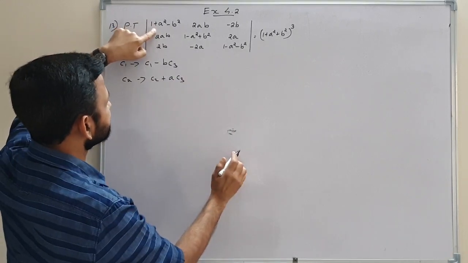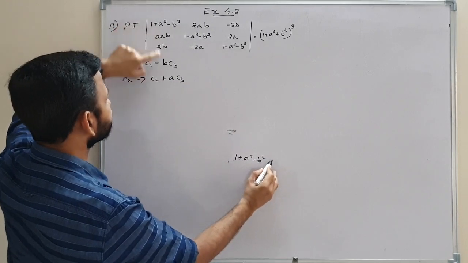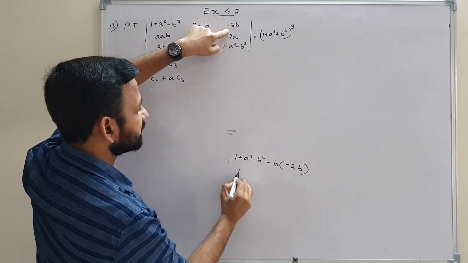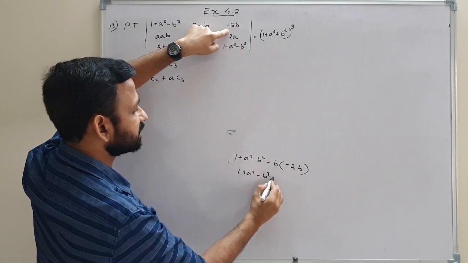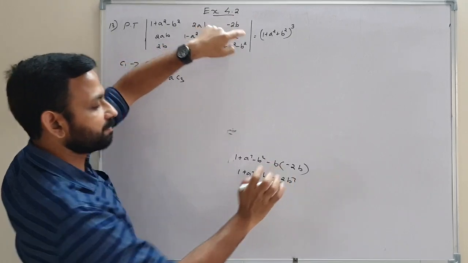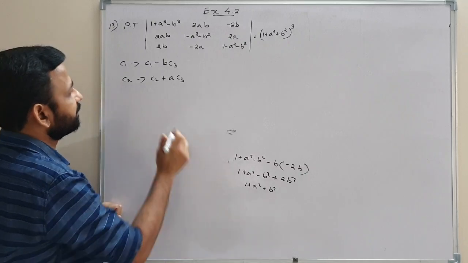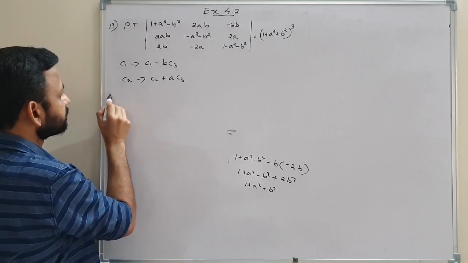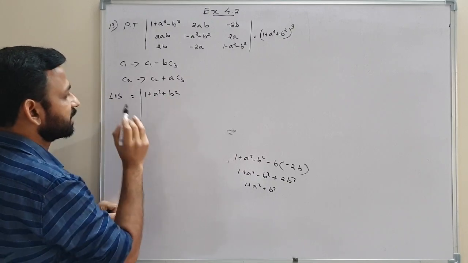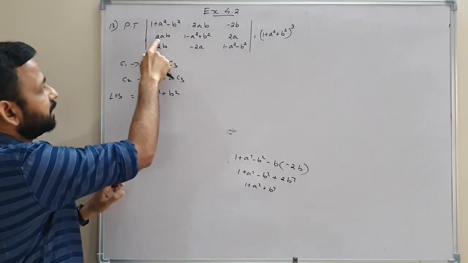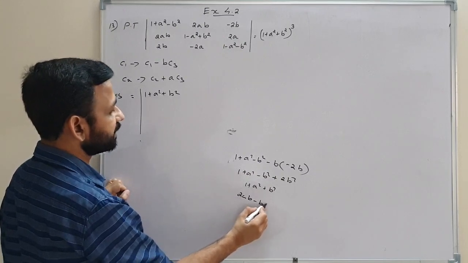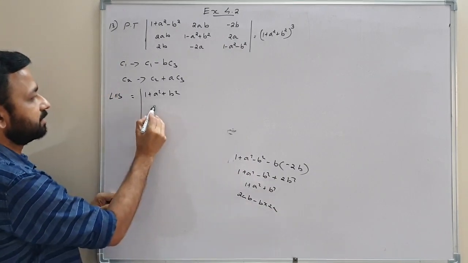C1 first element: 1 + a² − b² minus b into C3, minus 2b, that is 1 + a² − b² plus 2b², that is 1 + a² + b² − b² + 2b², that is plus b². So now we got the first element 1 + a² + b², and the second element 2ab minus b into 2a, that is 2ab minus 2ab, 0.